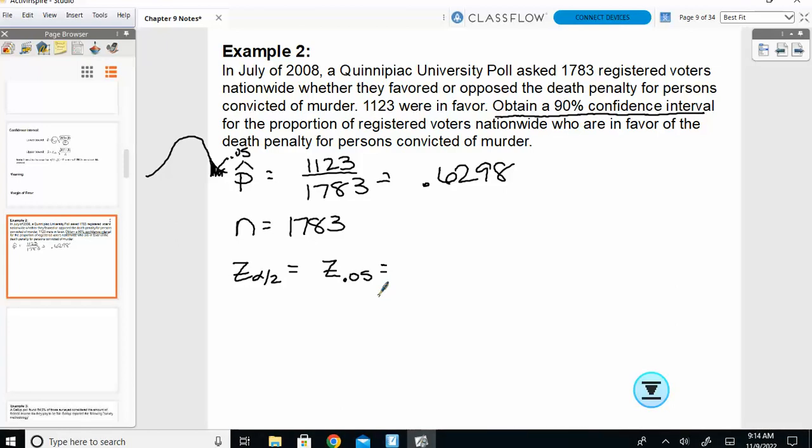So when I find 0.95, I have a 0.9495 and a 0.9505. Do you guys see that in your table? So it would be right in between them. So that's 1.64 and 1.65. So I'm going to call it 1.645. Does everyone know how I got that number?